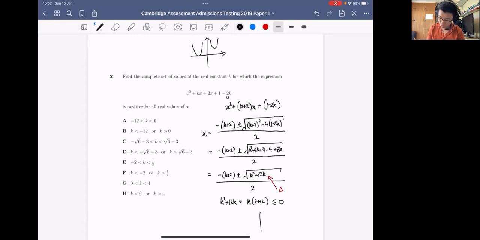So the quadratic will look something like that, where this is minus 12 and this is 0. And so this is the region that we want. So the answer is A.